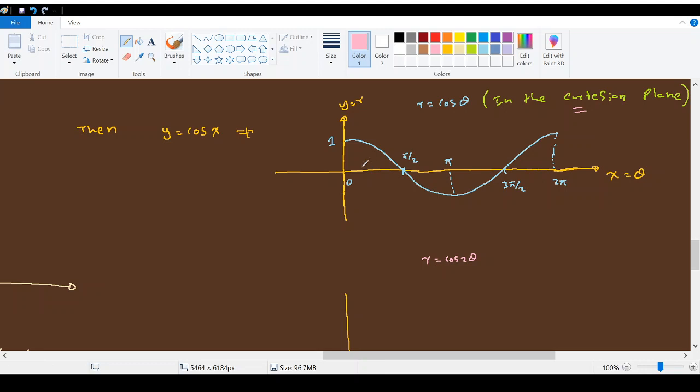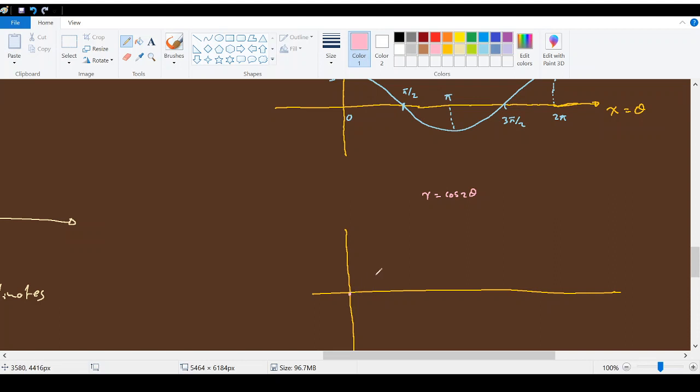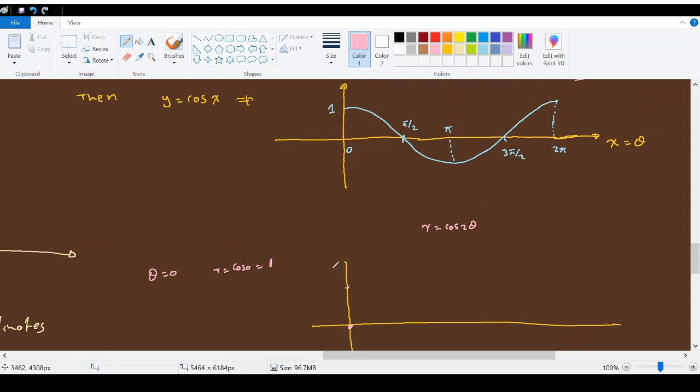Say, for example, when theta is equal to 0 and you substitute it in here, r will be cos 0, and that is equal to 1. So this starting point will not change. In both the curve of cosine theta and cosine 2 theta, the starting point is the same. And how about pi over 4, that is 45 degrees, which will lie somewhere here.